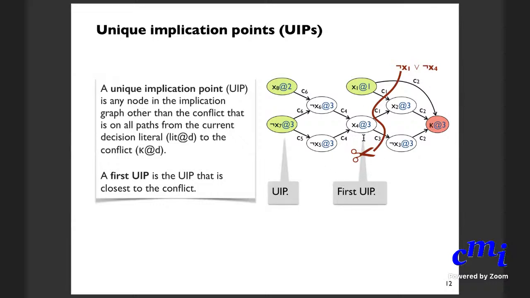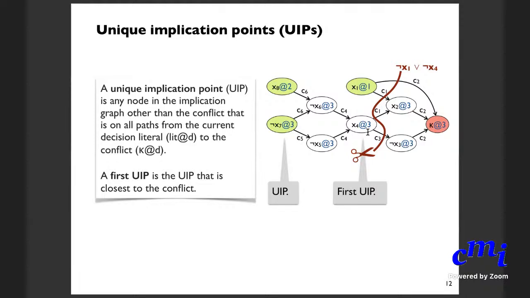You add the asserting clause, which has a single literal, and then you backtrack to the earliest level other than the current level among all the literals that appear in that conflict clause.